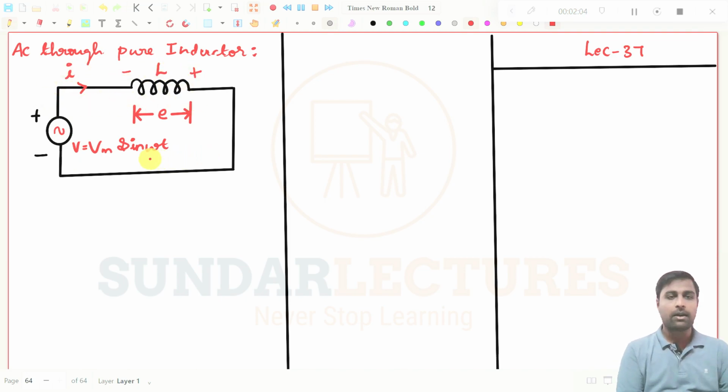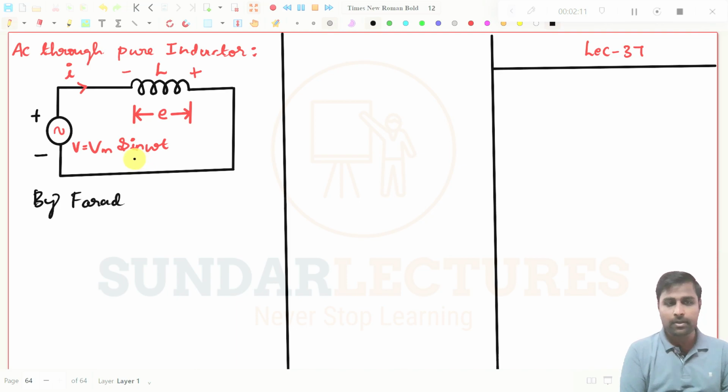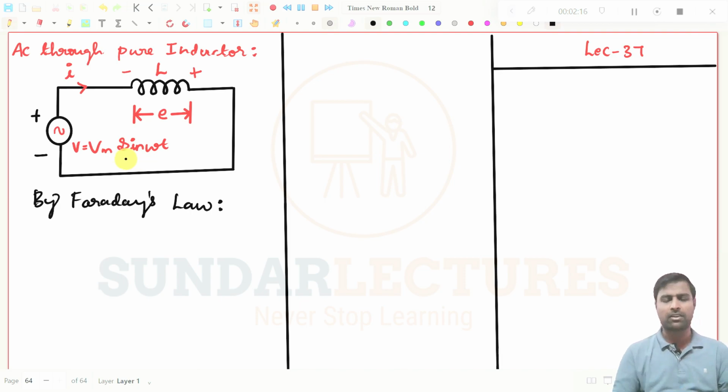Before that, we have to know certain things from Faraday's law of electromagnetic induction. If you give an AC supply to the inductor, the voltage is already changing with respect to time.